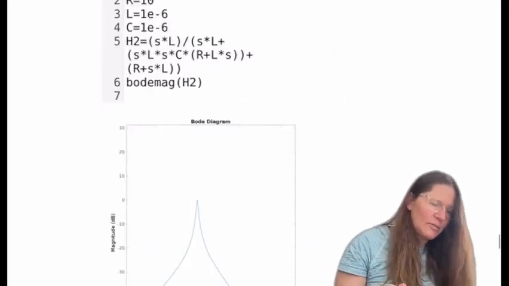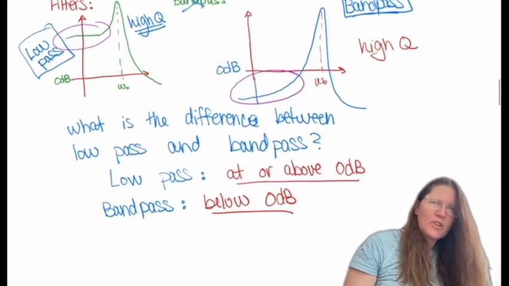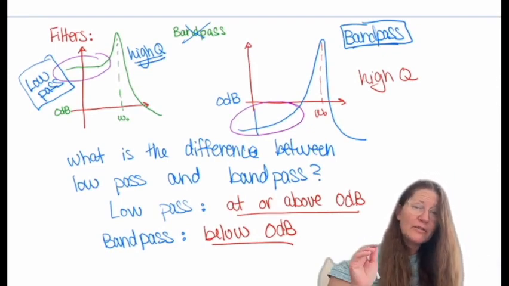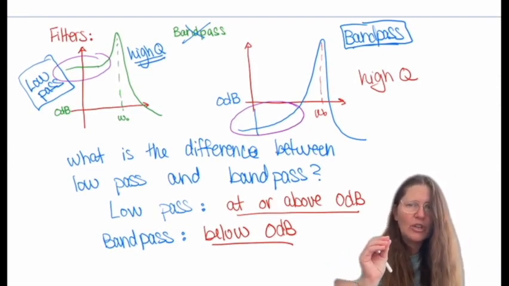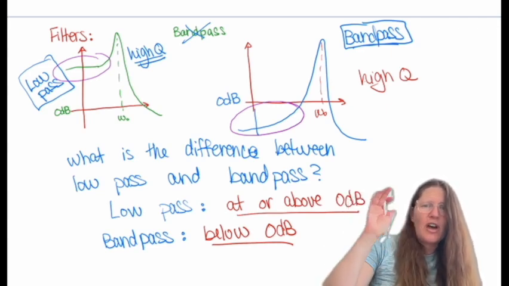So same thing, let me go back to that. For this one, remember you're looking at it being at or above 0 dB is the clue that it is a low pass. But you can also do the same thing on the high pass side.